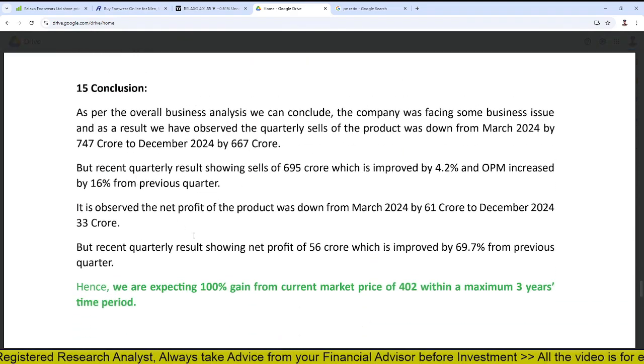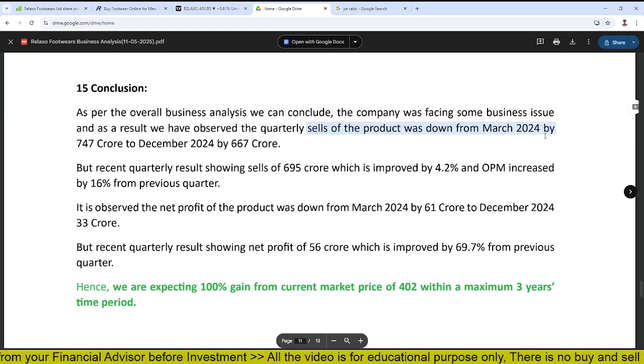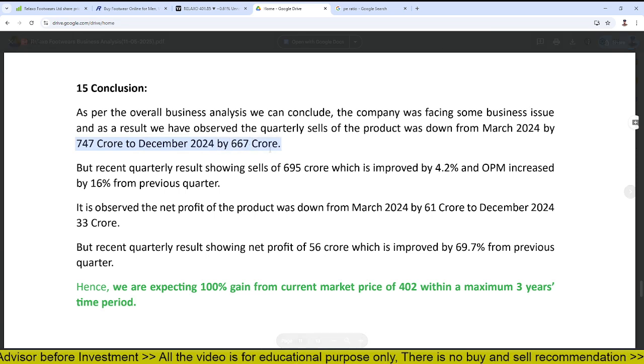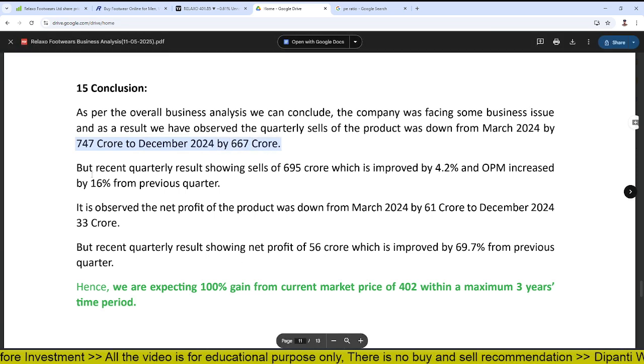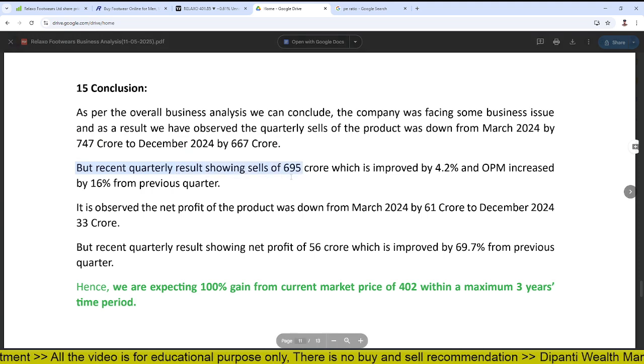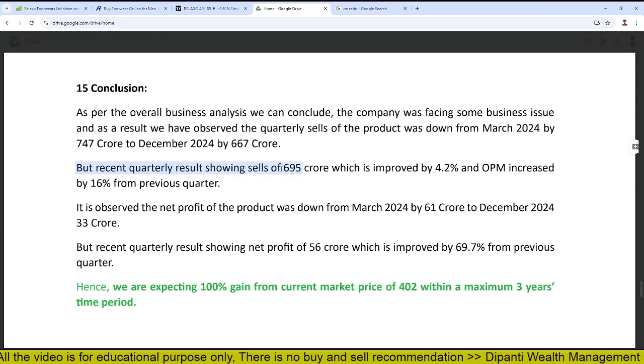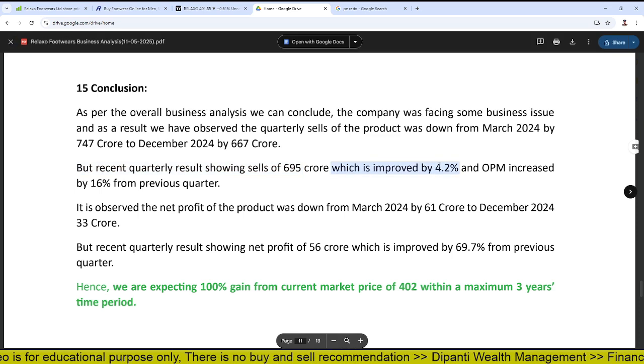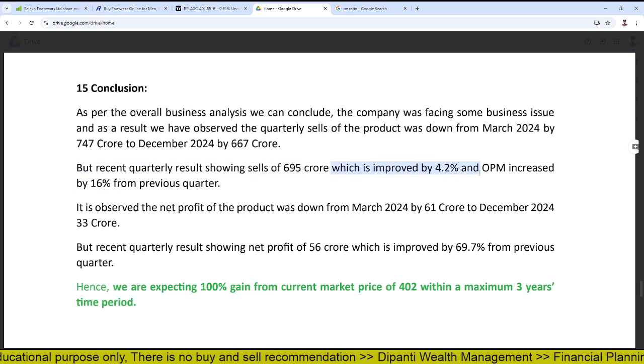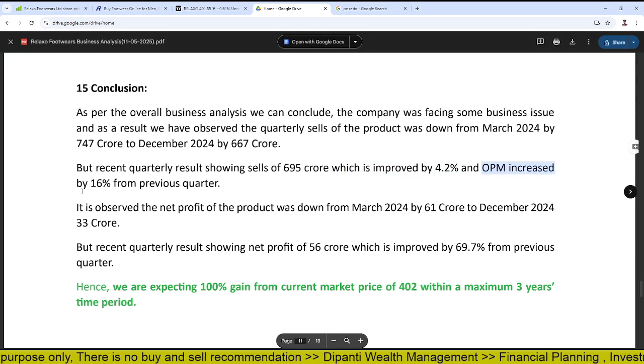So what we can conclude from the overall business analysis is that the company was facing some business issues, and as a result we observed the quarterly sales were down from March 24 by 747 CR to December 24 by 667 CR, but the recent quarterly result shows sales of 695 CR, which is improved by 4.2%, and operating profit margin increased by 16% from the previous quarter.